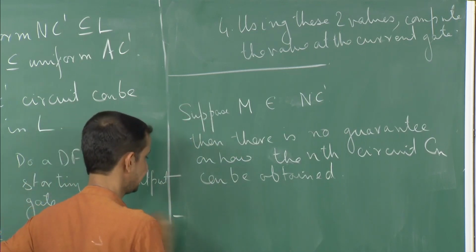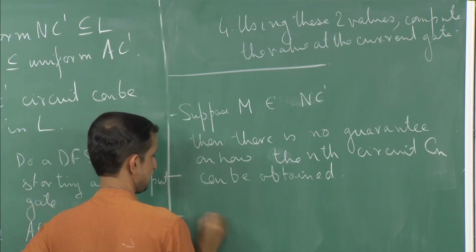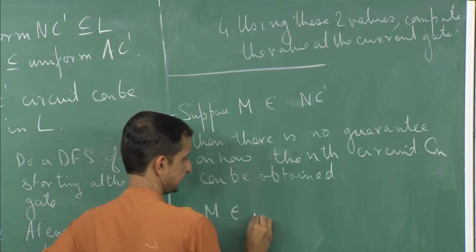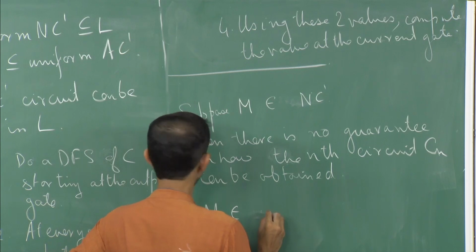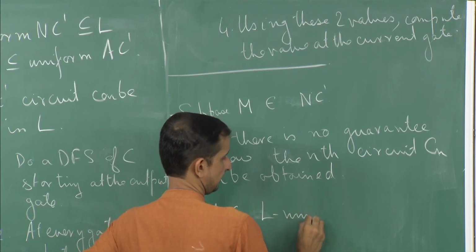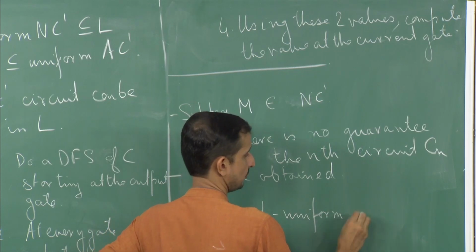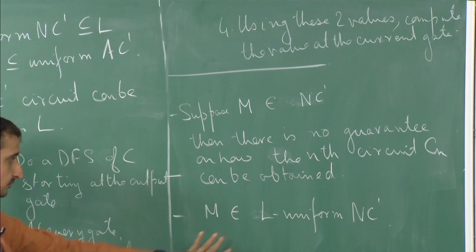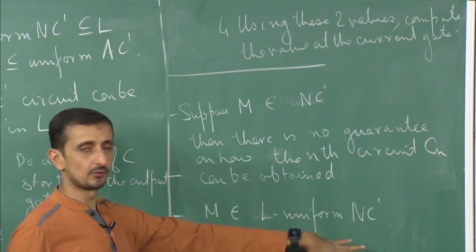Okay. On the other hand, suppose that M was in L uniform NC1. So, L uniform is just a shorthand notation for log space uniform NC1.